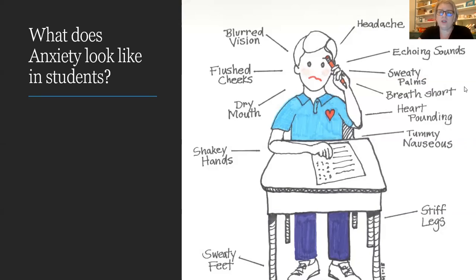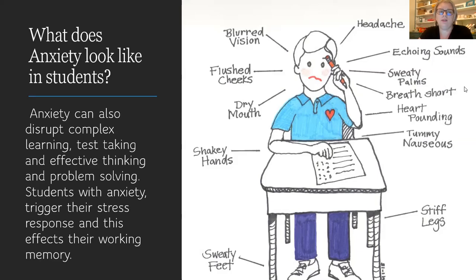Those are all things that you can see. But what's happening with test anxiety that you don't see is that it disrupts your complex learning, your test taking, your effective thinking, your problem solving. Once the anxiety is triggered, their stress response is triggered, and that affects our working memory.